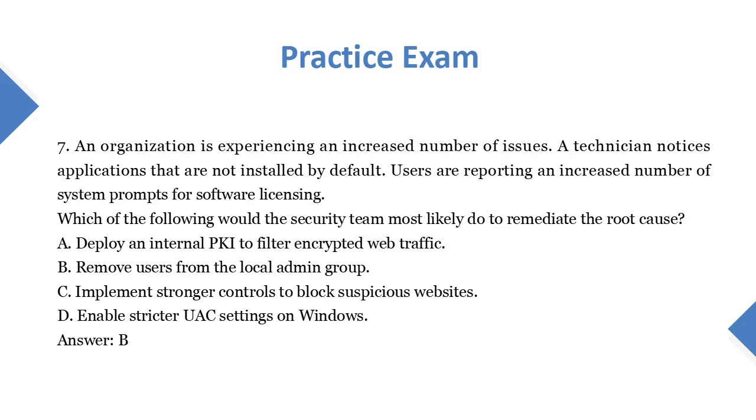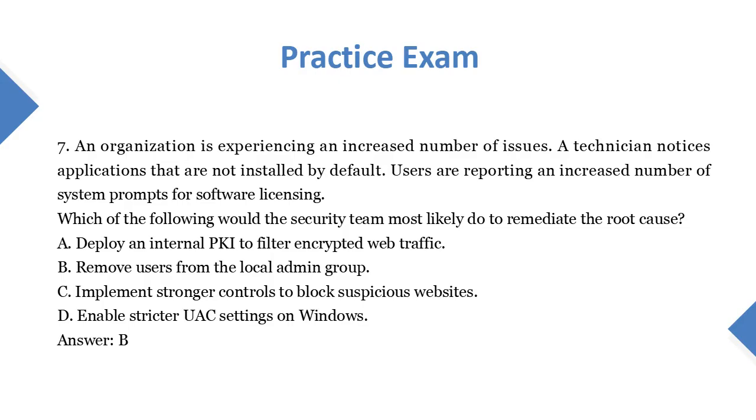7. An organization is experiencing an increased number of issues. A technician notices applications that are not installed by default. Users are reporting an increased number of system prompts for software licensing. Which of the following would the security team most likely do to remediate the root cause?